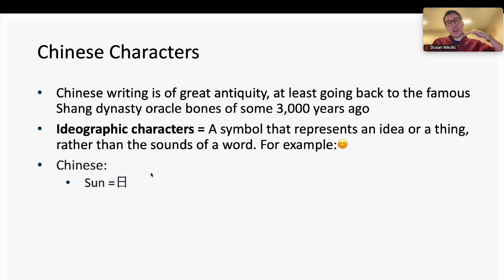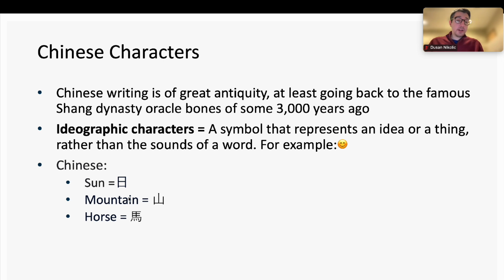And these ideographic characters later developed throughout time. For example, sun used to be a circle with some kind of dots, then a circle with one dot, and in the end, this kind of symbol. Mountain used to be a range, actually three curvy lines, but then it developed to become this, where there is a little bit of iconicity, where you can see the peaks of a mountain.